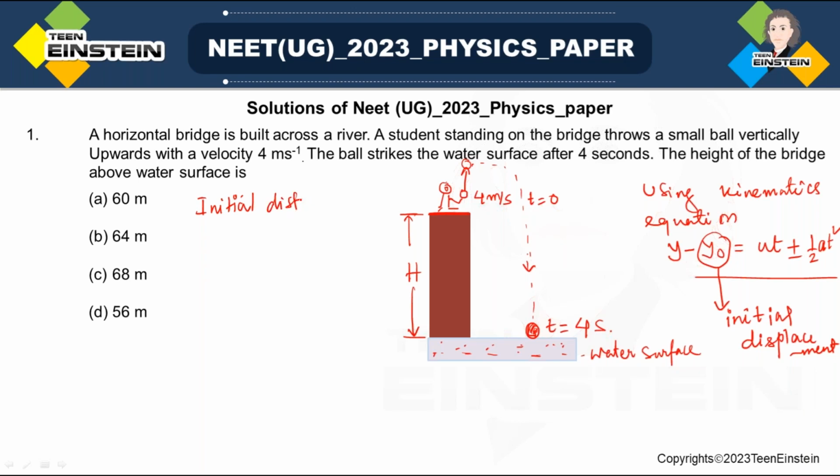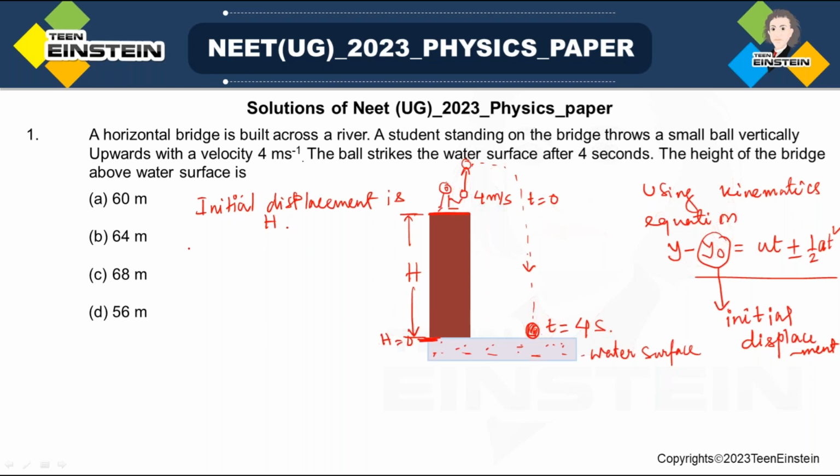So the initial displacement is capital H, right? And what is the final displacement? See, I'm taking the height h equal to 0 over here. That means the final height is on the water surface. The ball is falling on the water surface.